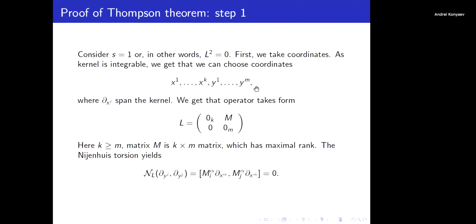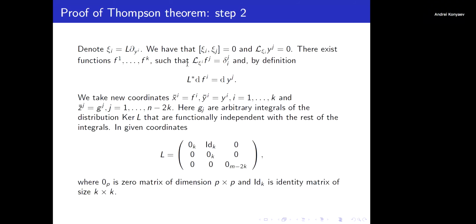And the rank of our, I'm sorry, it's not k, it's m, because k is the kernel, right? So the rank of the matrix is dimension minus kernel, which is m. It means that those vector fields are linearly independent. As the first observation, we have already shown this formula, that they do commute, right?